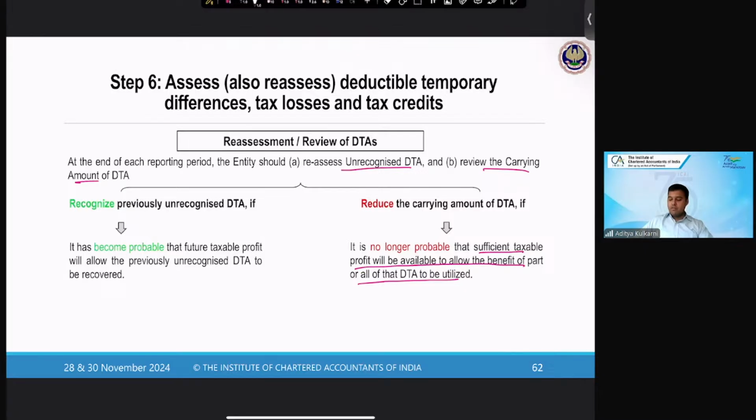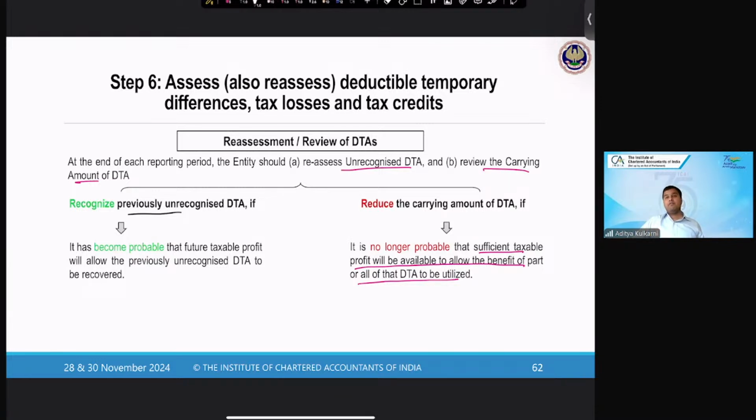Reassessment or review of DTAs. You have to reassess it every year. You have to review the DTA every year. It has become probable that future taxable profit will allow the previously unrecognized DTA to be recovered. Recognize previously unrecognized DTA. You would have left something unrecognized. In that example, 1,000 worth of difference was unrecognized.